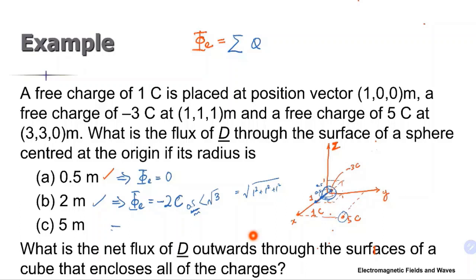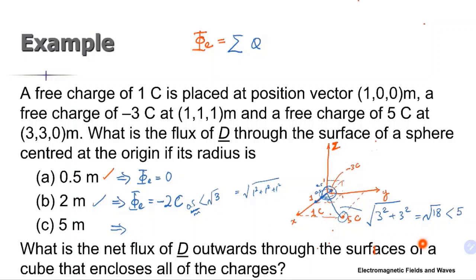The third one? 5 meter. This distance here, there will be the square root of 3 squared plus 3 squared, the square root of 18, that is smaller than 5.